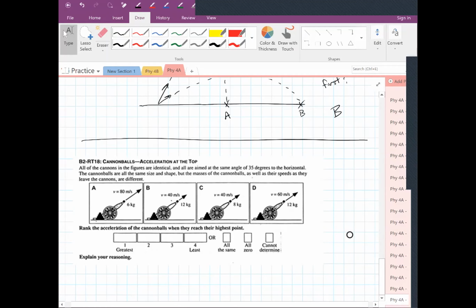And the cannonball exits the cannon with different speeds. 2 of them are the same, but otherwise different speeds. Okay, so what are we ranking here? The acceleration of the cannonball when it gets to its peak, at the top of its path, at its highest point. What is the acceleration of the cannonball?